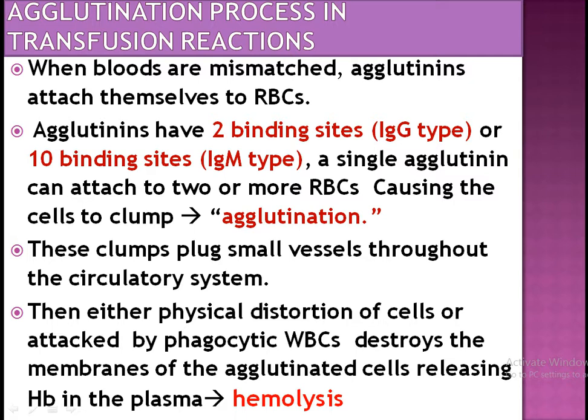These clumps plug small vessels throughout the circulatory system and create a great problem. Then either physical distortion of cells or attack by phagocytic WBC destroys the membranes of the agglutinated cells, releasing hemoglobin in the plasma, and this process is called hemolysis.